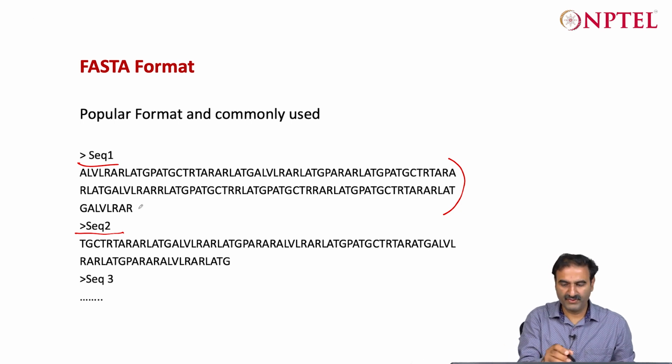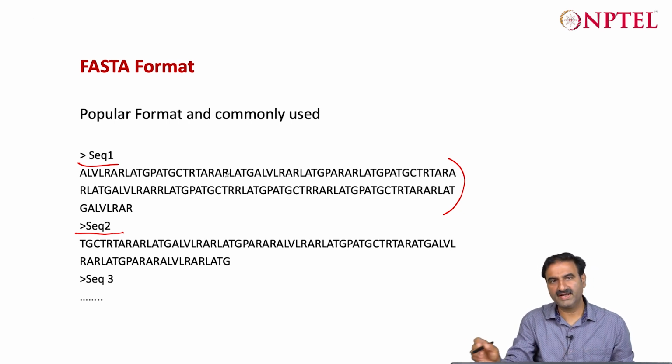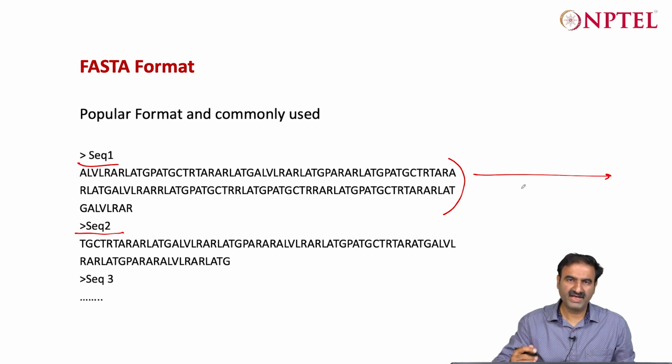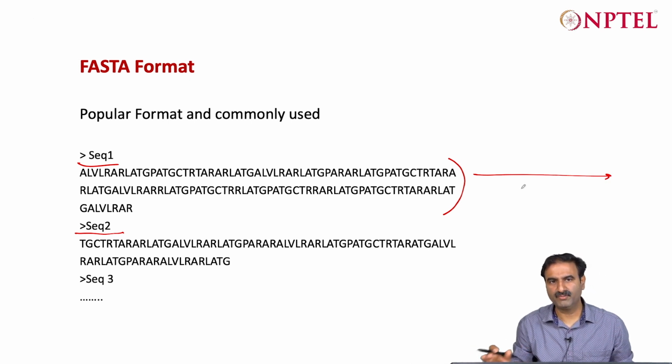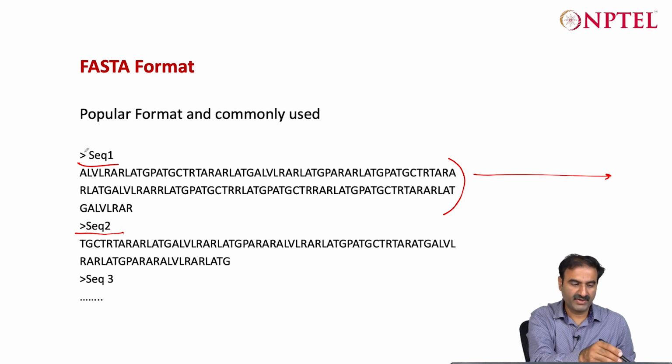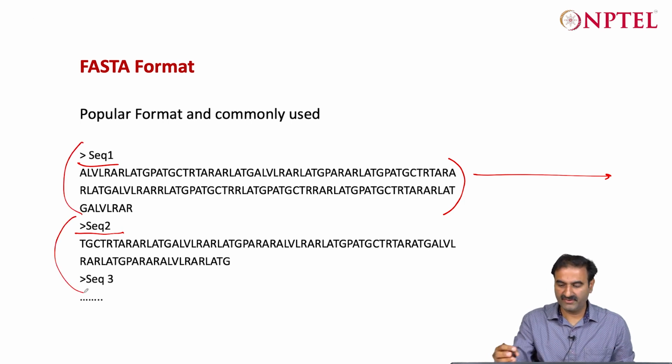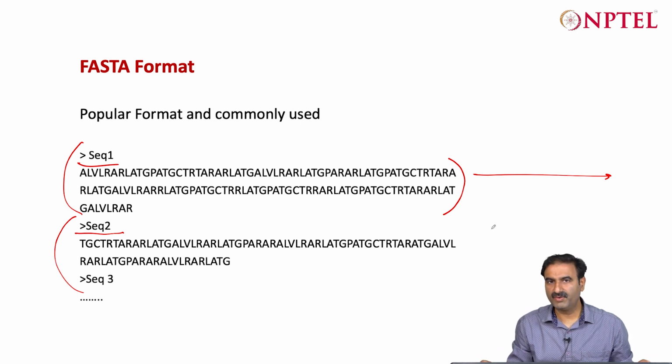Right now it is 60 characters per line, but you can also put it in a single line and that is also acceptable. Or for better readability, you can split it into new lines after 60 characters. When you write multiple of these together, it is called multi-FASTA format. This is the most popular sequence format.